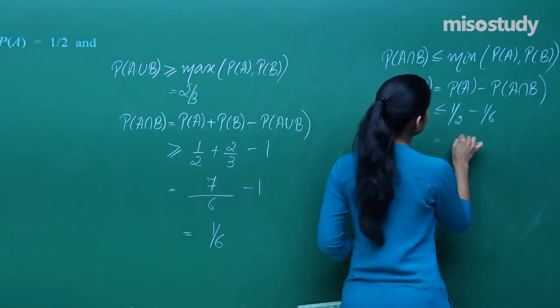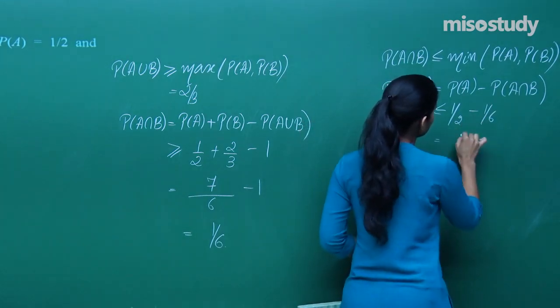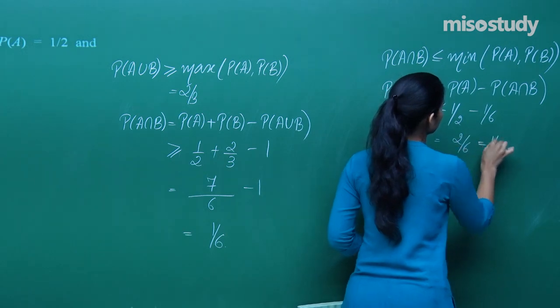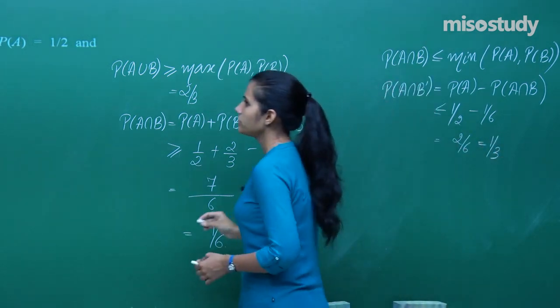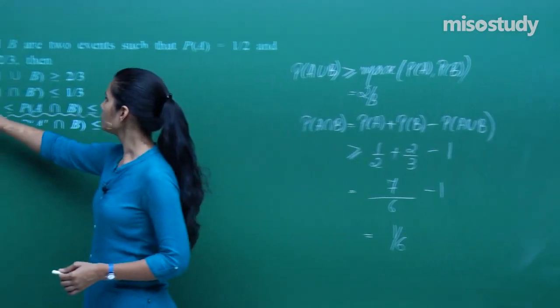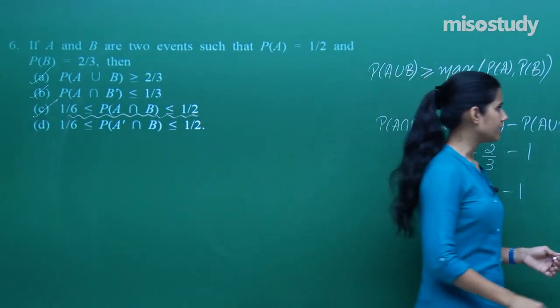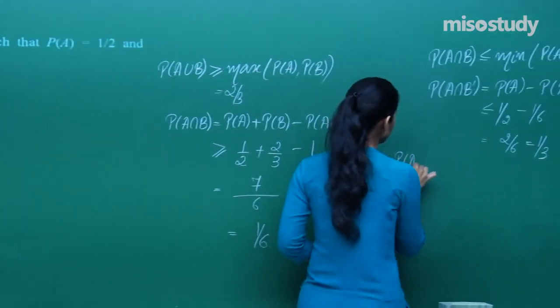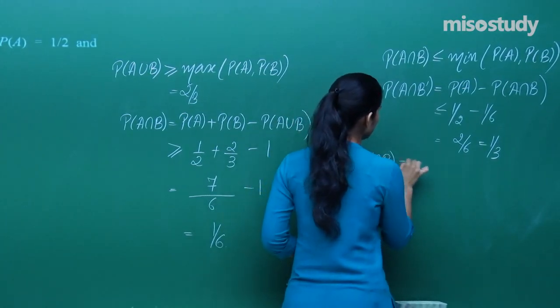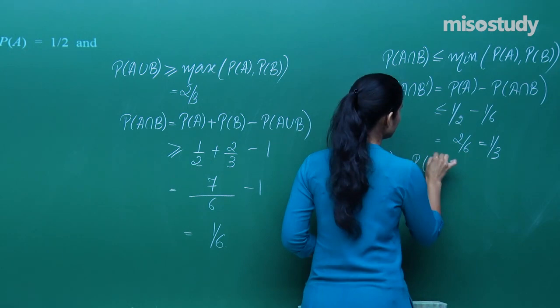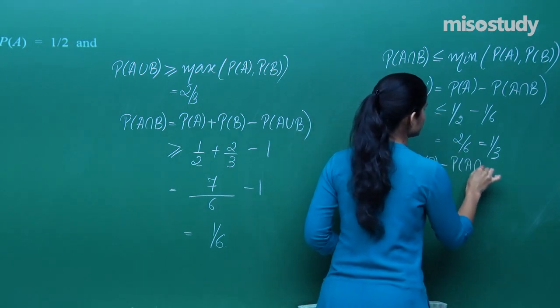Right? So you basically get, this is 3 minus 1, that is 2 by 6, which is 1 by 3. So you are getting probability of A intersection B dash is less than equal to 1 by 3. What about A dash intersection B? Okay, so probability of A dash intersection B is probability of B minus probability of A intersection B.